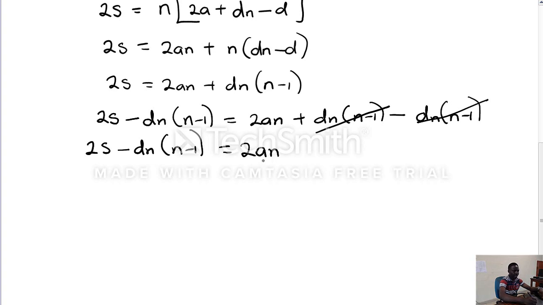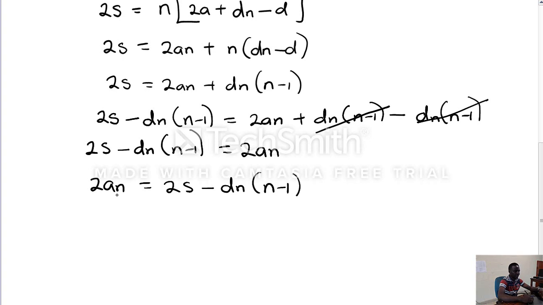Now my attention is on a, but I have it multiplying 2 and n, so I'm going to carry out the opposite operation of multiplication, and that will be division. But I can still rearrange this, take this to the left hand side, and move the other to the right hand side, leaving us with 2an is equal to 2s minus dn into bracket n minus 1.